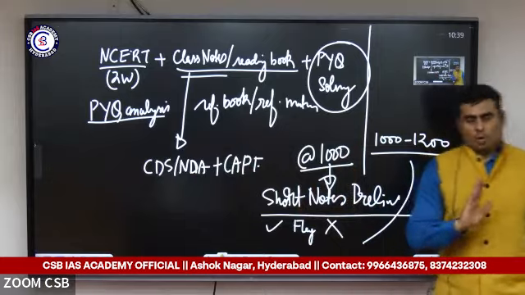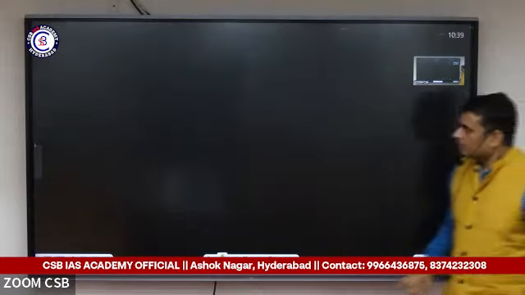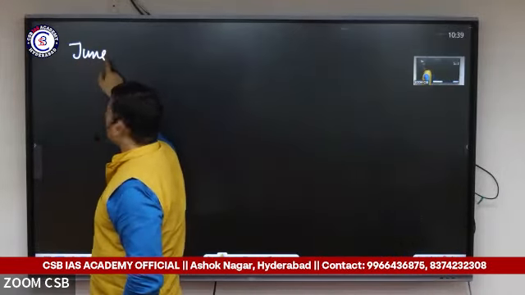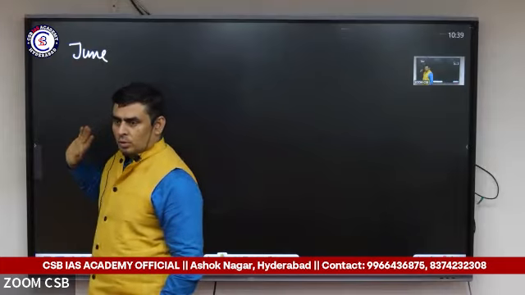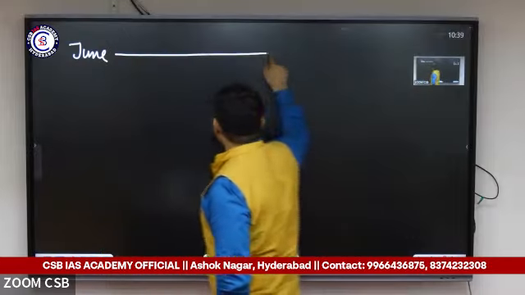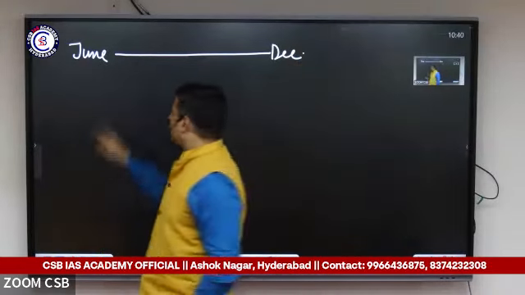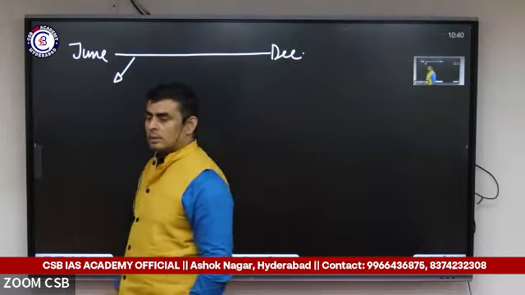Now see how the flow will be there. We are in the month of June. So June to December, you have to do that work. Which work?